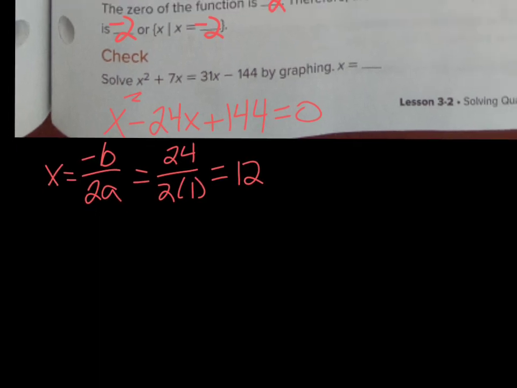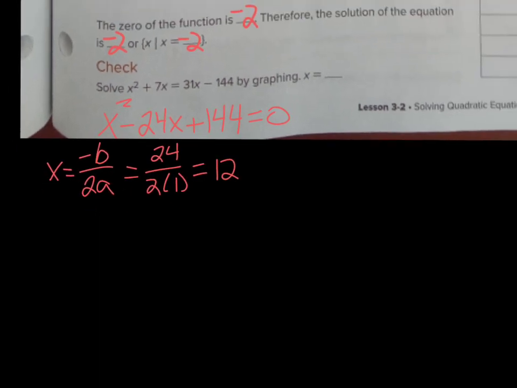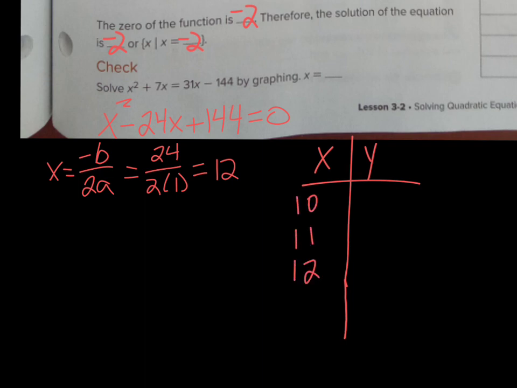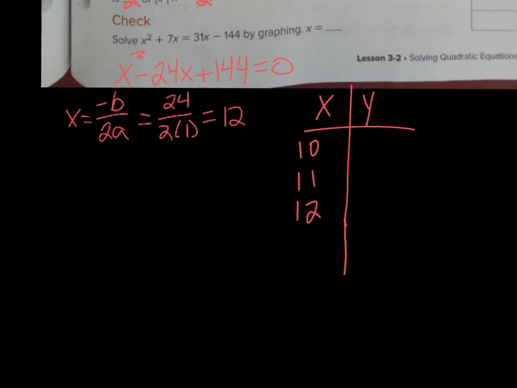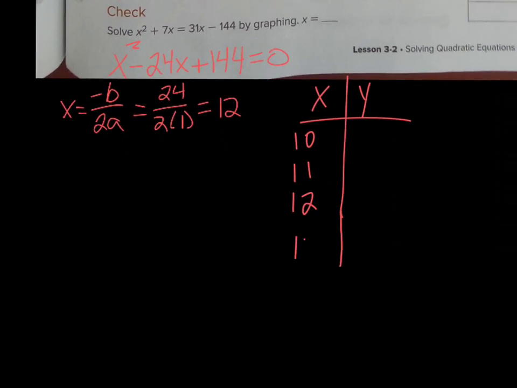We're going to make ourselves a little XY chart here. And then I'm going to start at 12 here, but then I'm going to go 11 and 10, and then 13 and 14, right, axis of symmetry right here. That's going to be our vertex.